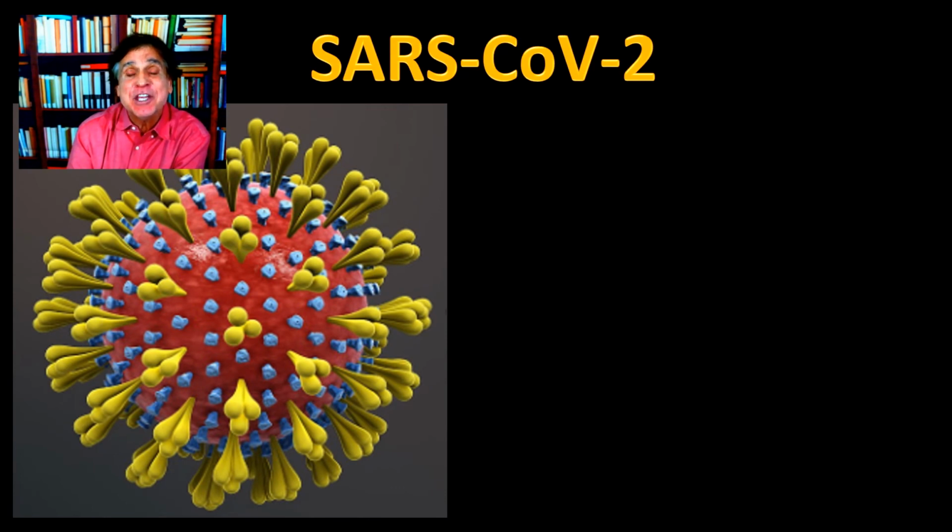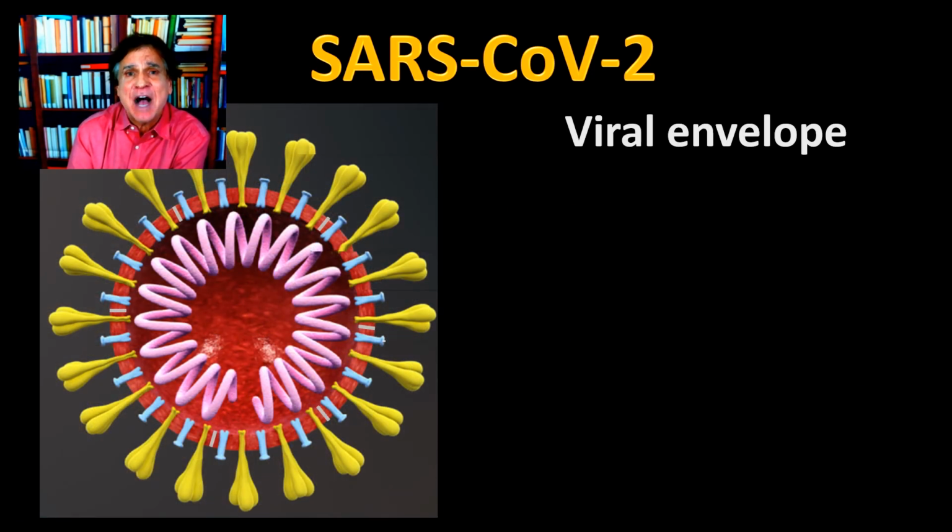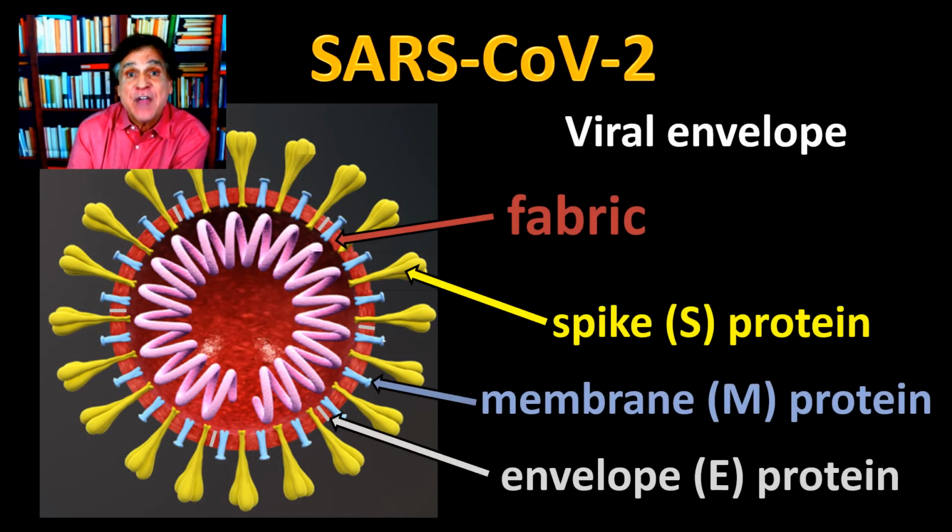Let's examine the interior of SARS-CoV-2. In this cross-section, you can see that the viral envelope has the various protein studs coming out from its surface. And notice that they pass through the membrane. They are transmembrane proteins. Now that exterior viral envelope forms a hollow within the center of the virion.